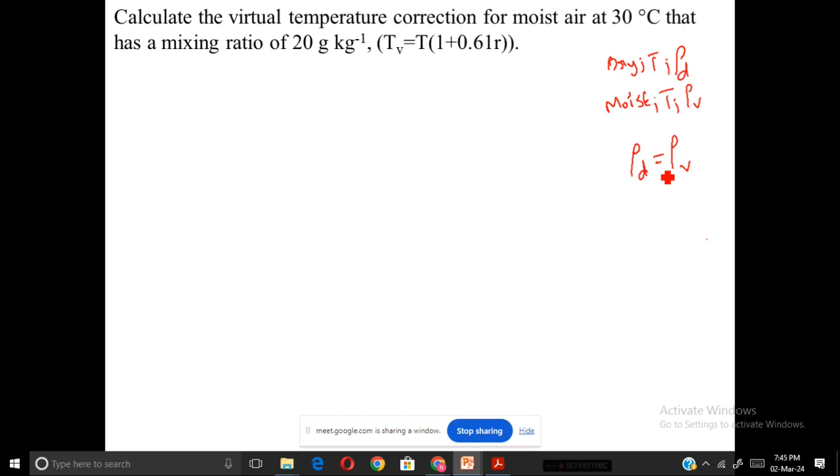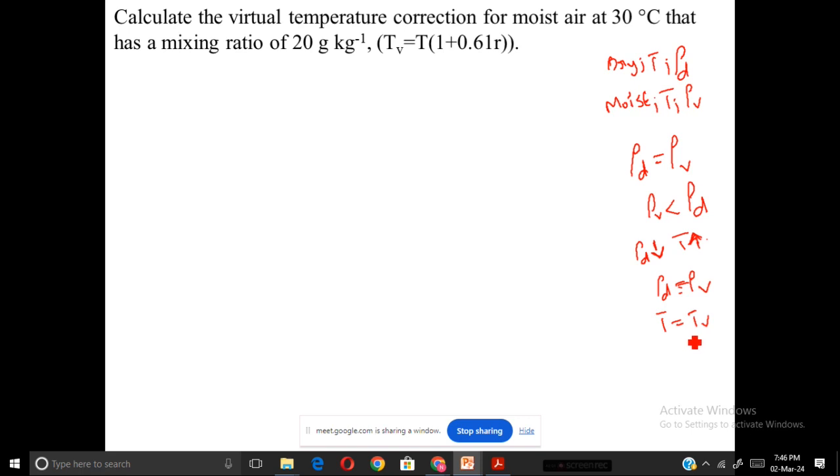Since the density of vapor is less than the density of dry air, we will have to reduce the density of the dry air parcel. In order to reduce the density, the way is to increase the temperature. By increasing the temperature, at some point the density of dry air and the density of moist air will be equal. That temperature is known as the virtual temperature.